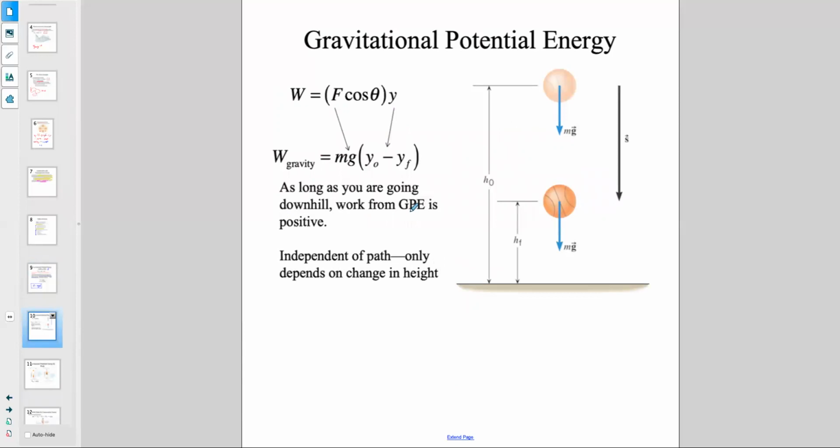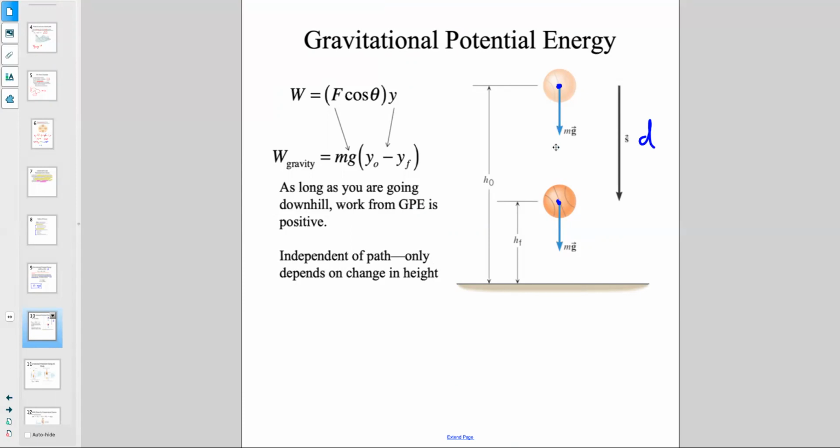So gravitational potential energy, the work done by this force is, as I said, conservative, so it does not matter which path you're taking. If you start from this point with height of h0 initially and end up in this point with height of h final, the displacement is, for example, s here, or d here, okay.